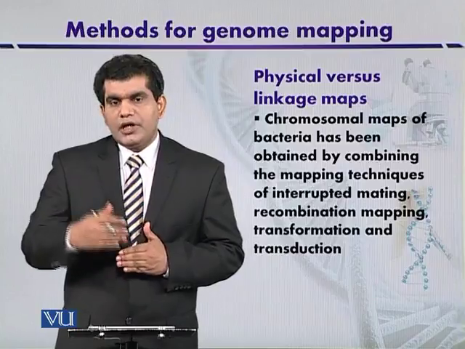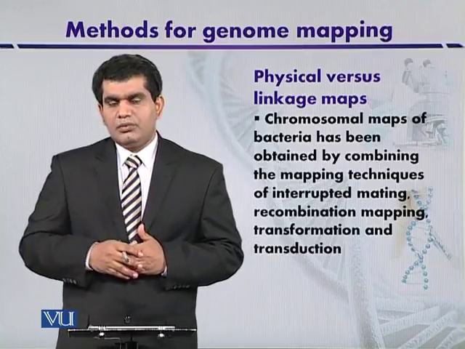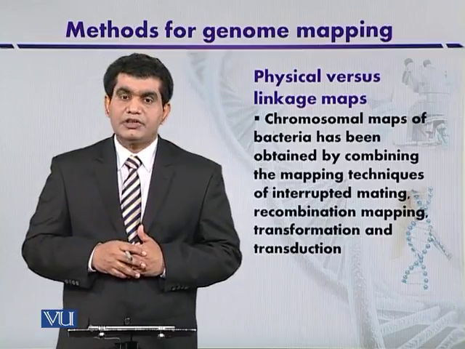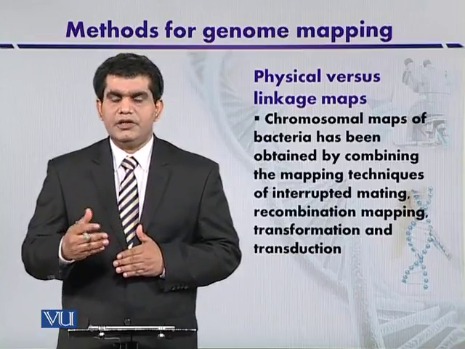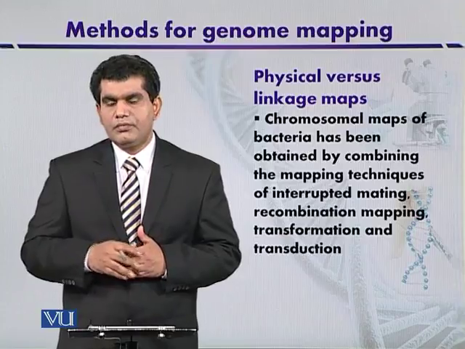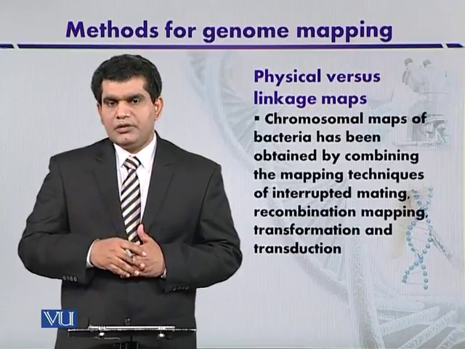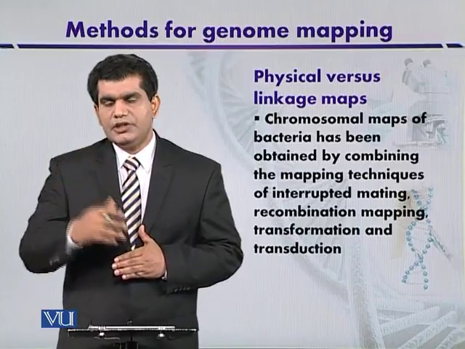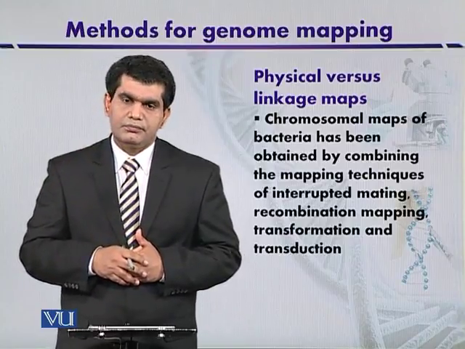अगर हम E. coli की एग्जांपल लें तो जो पहला जेनेटिक लिंकेज मैप कंस्ट्रक्ट किया गया था दैट वाज अराउंड 1963, और उस मैप के अंदर अराउंड द पोजीशन ऑफ 100 genes was given.